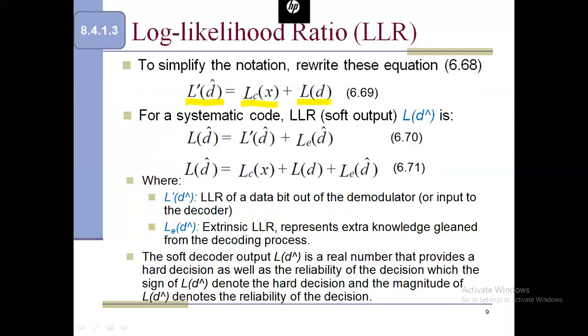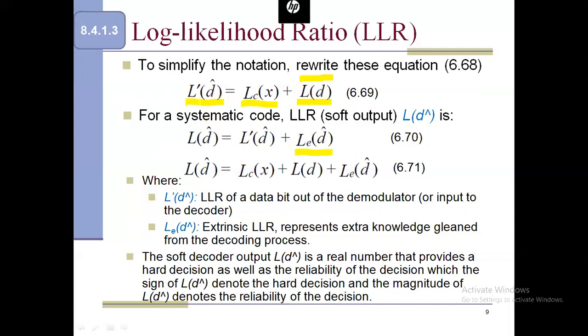We can estimate the value of this LD by expressing the extrinsic value of the data that comes from the iteration.